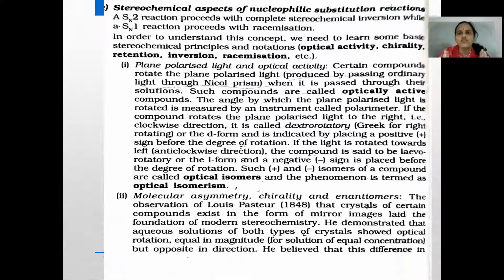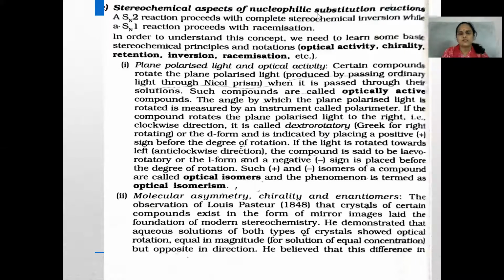And if the light is rotated towards the left, right being clockwise and left being anti-clockwise, the compound is said to be levorotatory, or the L form, with a negative sign before the degree of rotation.